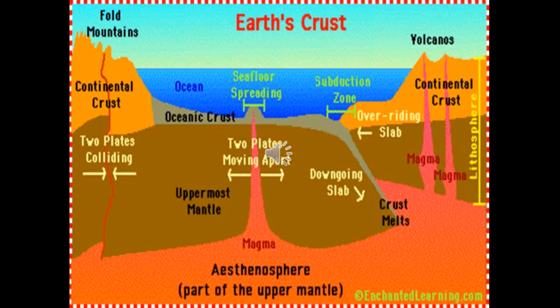So these are the things which cause vibrations. If this activity occurs, it causes vibrations that are felt on the surface of the earth. From this picture you can guess that earthquakes occur in the region where two plates meet.